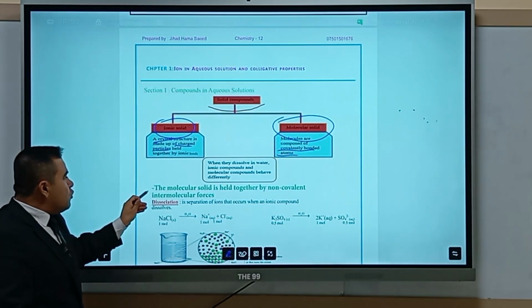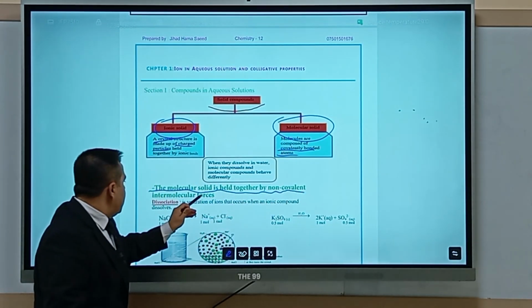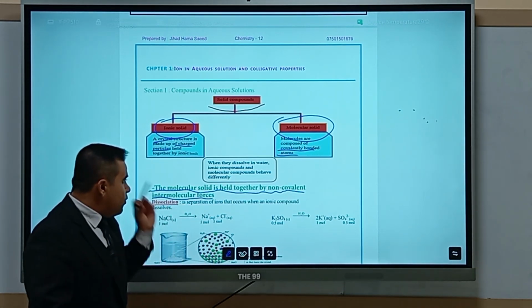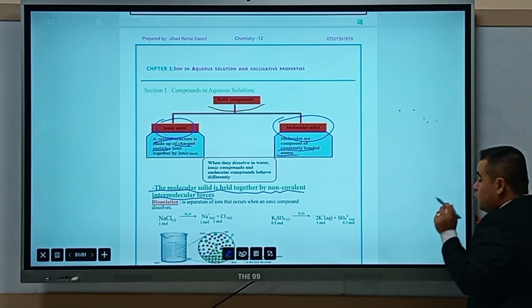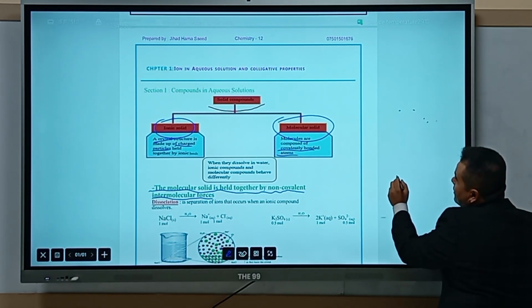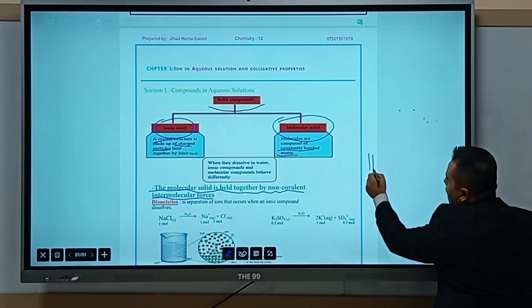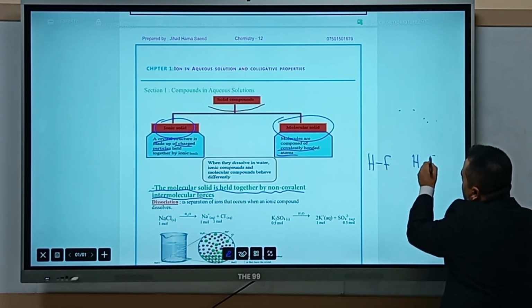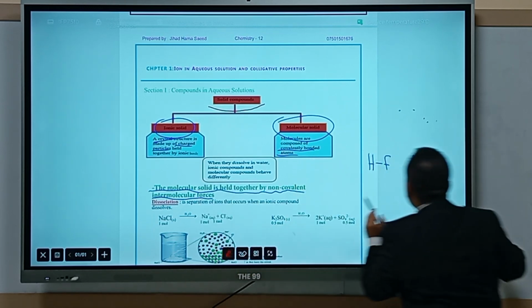But guys, the molecular solid is held together by non-covalent intermolecular forces. This statement is given in our book. What do we mean by intermolecular force, guys? Suppose we have HF and another HF, two molecules of HF.